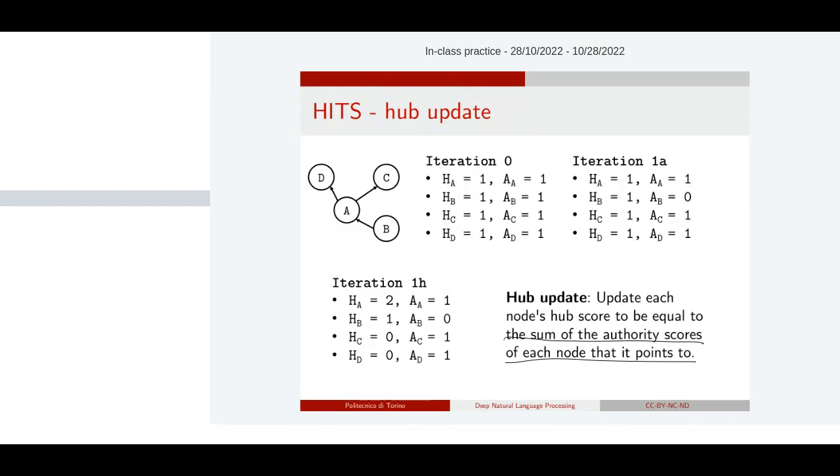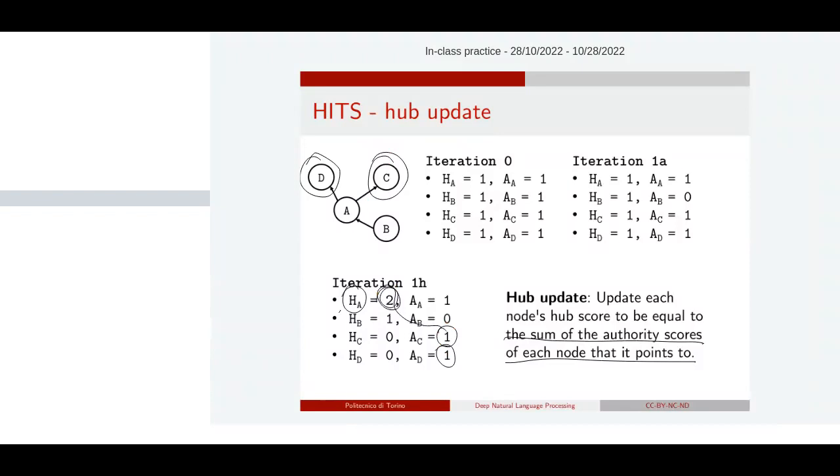So in this case, if I compute the hub score for A, I have the sum of the authority scores for both C and D, because I'm pointing to C and D. So I sum the authority score. The authority score for C is 1. The authority score for D is 1. I sum this, and I have 2.